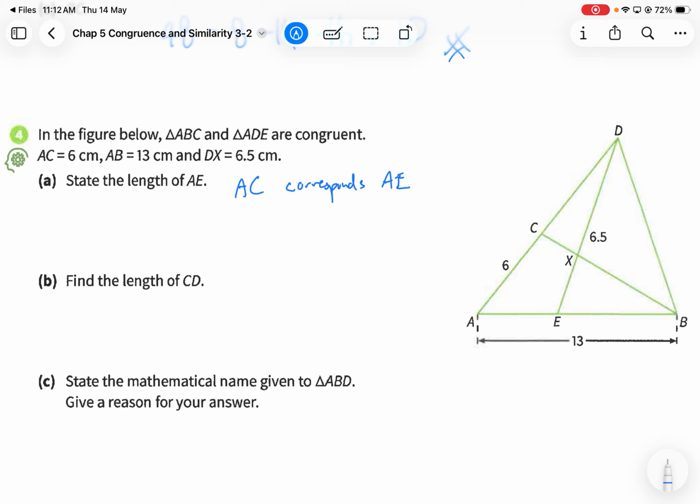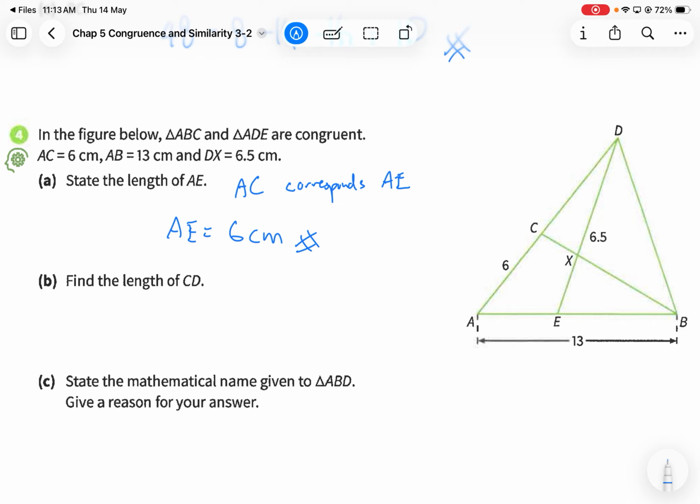So if they are congruent, then AC corresponds to AE. That means they have the same length. So AE is also equals to 6 cm. By knowing their congruency, you can know that AC same as AE, so it must be 6 cm.